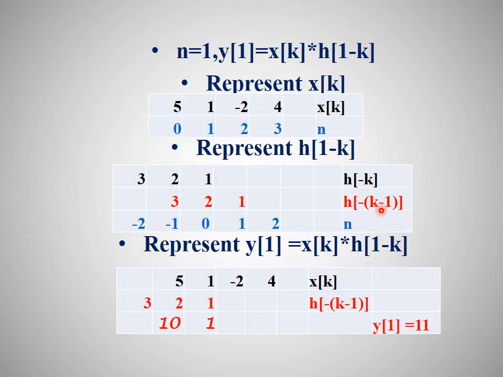If we see n minus 1, we usually shift it towards the right. The same thing has been implemented here. So we have got it as 3, 2 and 1 at minus 1, 0 and 1 respectively.